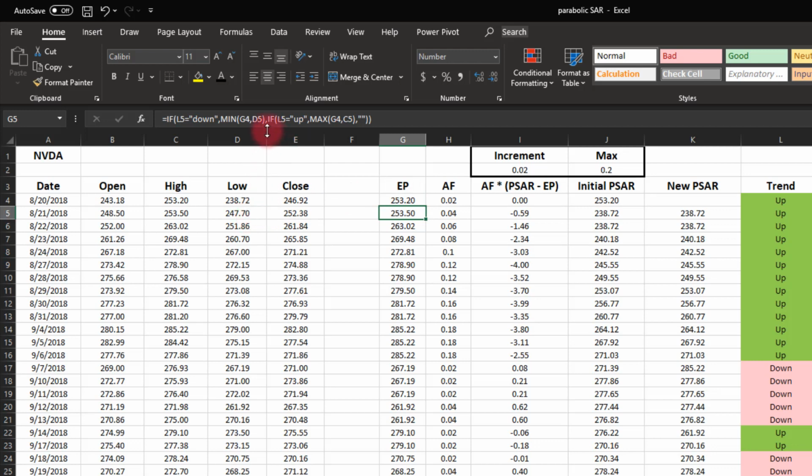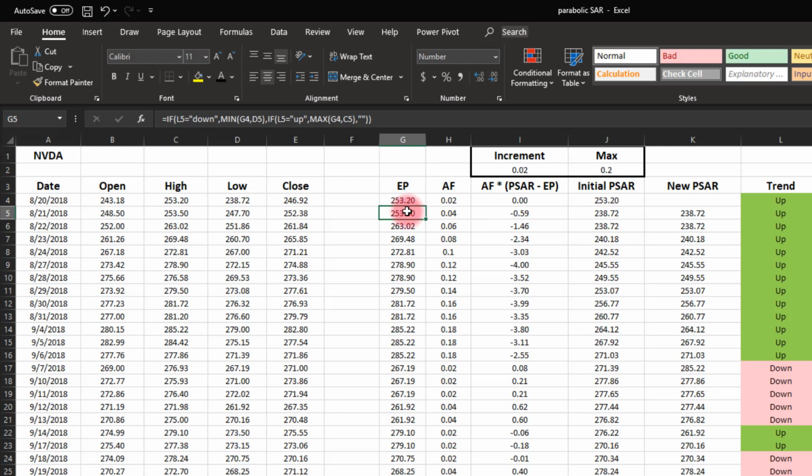On the other hand, that's what this if statement is. If L5 is up, which we were, we want to take the maximum of either G4, the extreme point, or C5, which was the high for today. So it's just going through and doing some checks and saying, well, what is the highest point so far? And that's how we're coming up with that.